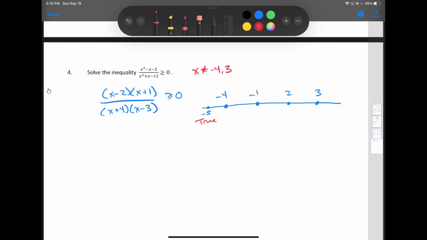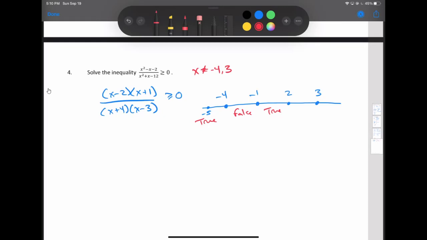That gives me a negative on top and a negative on the bottom. No, sorry, it gives me a positive on top and a negative on the bottom, so it's going to be false there. Between -1 and 2, I'll plug in 0. That's going to give me a negative on the top and a negative on the bottom, so it'll be positive when I divide. That's true. It's greater than 0.